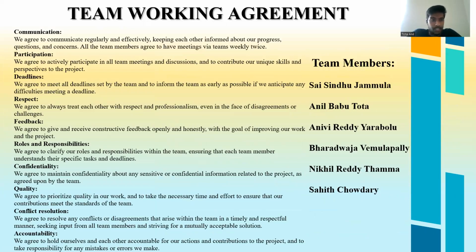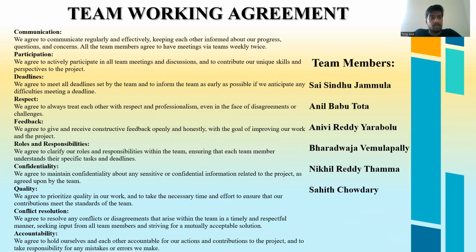We have maintained some boundaries: communication, participation, deadlines, respect, feedback, and rules and regulations we have to follow in the project. For confidentiality, quality, accountability and conflict resolution, we have already taken these as our main themes.